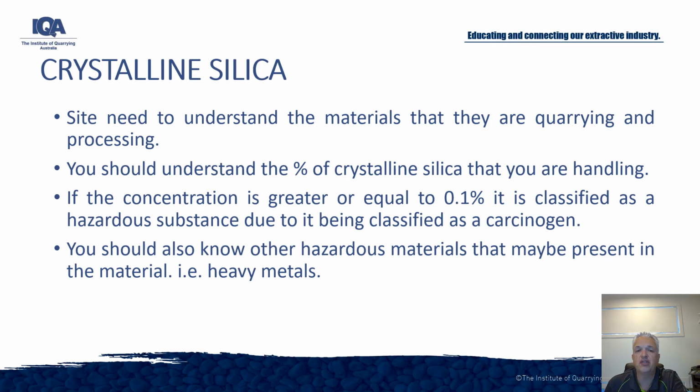If the concentration is greater than or equal to 0.1%, it's actually classed as a hazardous substance due to it also being classed as a carcinogen. The International Agency for Research on Cancer has classified crystalline silica as a Category 1A carcinogen.